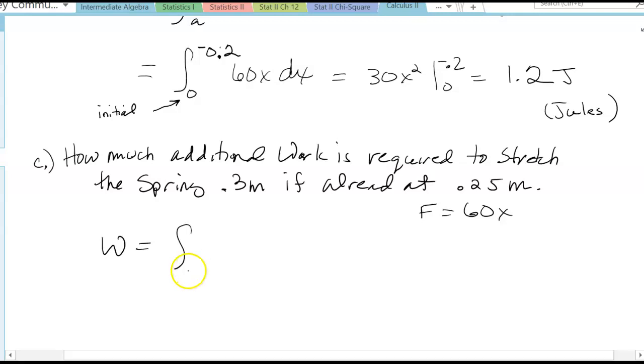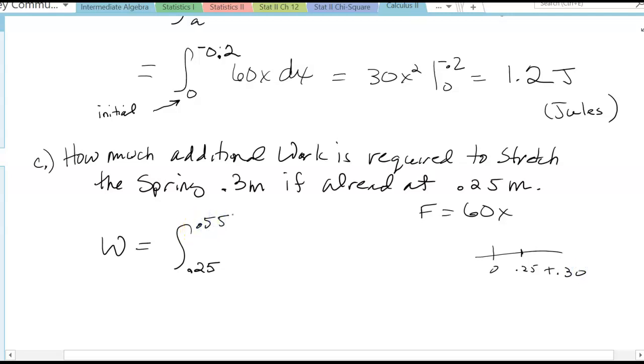Initially, we are at 0.25. We are going to stretch it an additional 0.3 meters. So where are we going to end up? If we are at 0.25 from equilibrium and we want to add 0.30, we're going to go to 0.55.